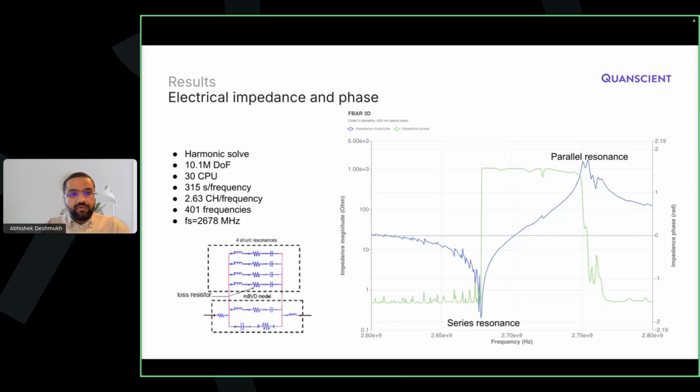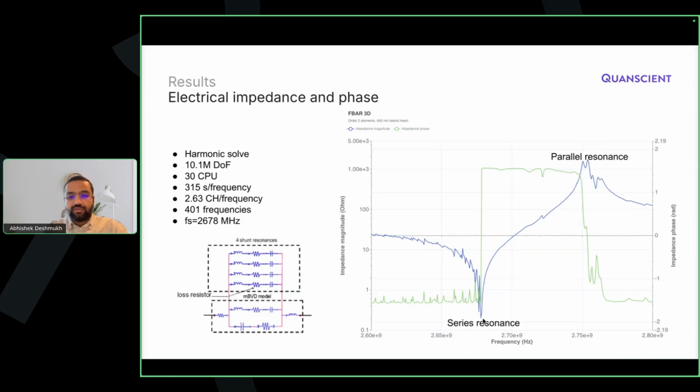Yeah, then coming to the results of this design. What I've plotted here is the impedance magnitude over frequency, and on the right hand axis, I have plotted the phase. So the phase is the green plot, and the impedance is the blue plot. And you can see that there are two distinct peaks here. One is the so-called series resonance, and the other on the right side is the parallel resonance.